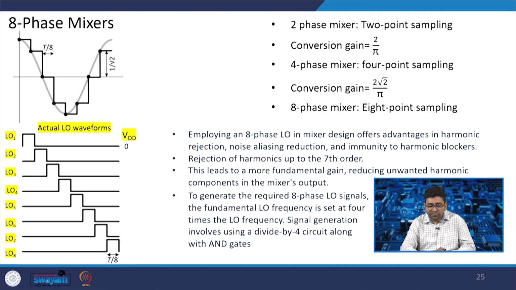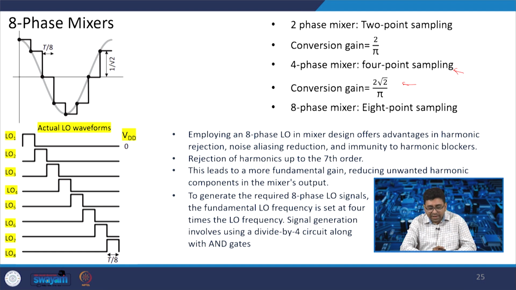We can have a 2 phase mixer where we require 2 point sampling, the conversion gain is 2 by pi. Then there is a 4 phase mixer, that is 4 point sampling, the conversion gain is 2 root 2 by pi, and for the 8 phase mixer 8 point sampling is used.